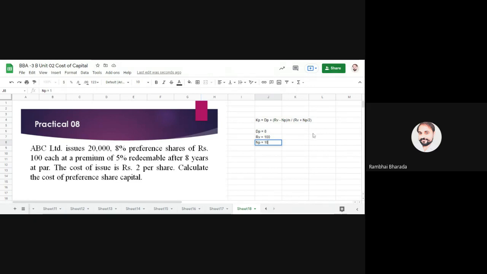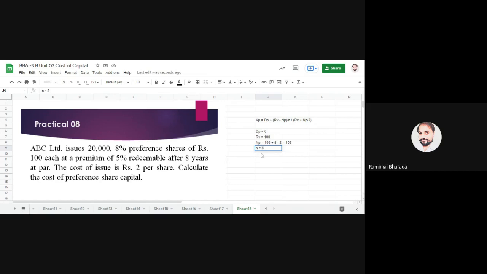Your company has some premium. See here, premium of 5%. So plus 5 minus 2. Your answer will be 103. Good. And last one, n is equal to how many years?